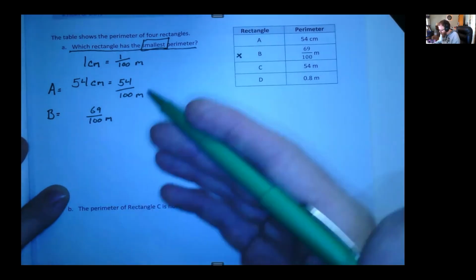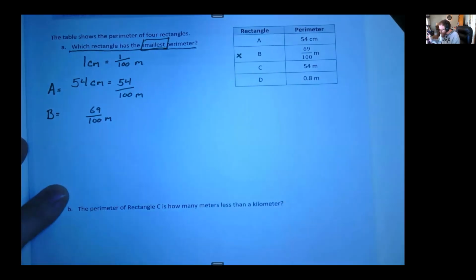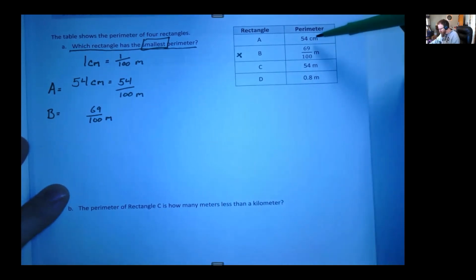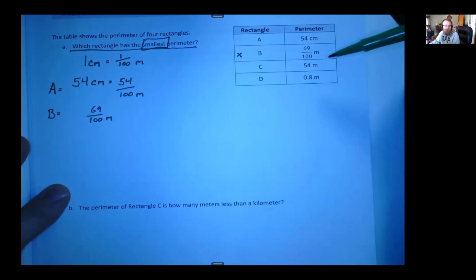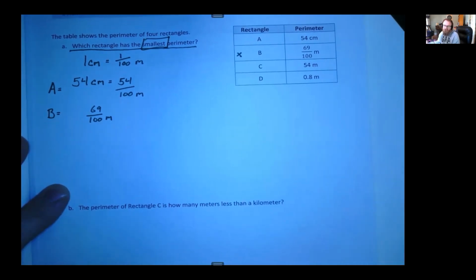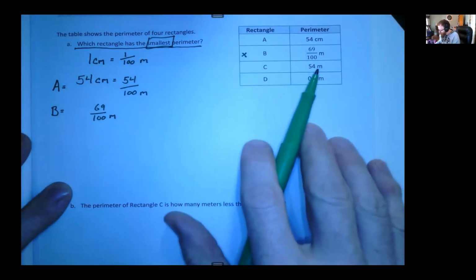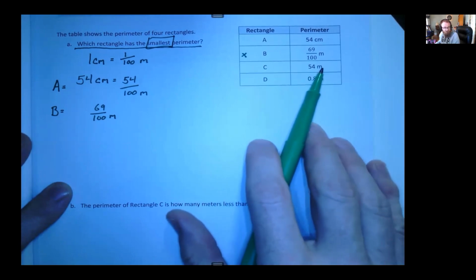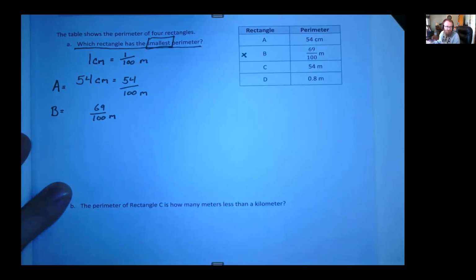Okay, so now we can compare rectangle A with rectangle C. Rectangle C says 54 meters. Now remember, rectangle A is 54 centimeters, and rectangle C, 54 meters. What we need to recognize, and good math thinkers are going to see when you understand decimal measurement, is that right away, just based on the unit, I know that rectangle C is 100 times larger than rectangle A, right?